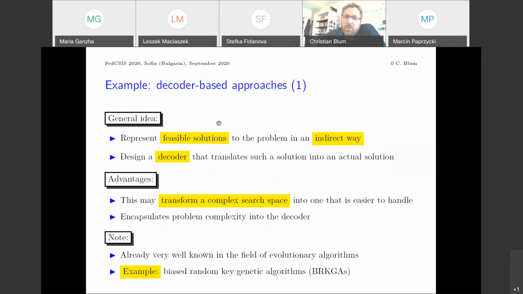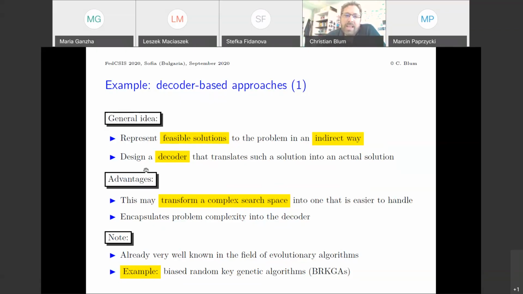So the first example I want to present is decoder-based approaches. The general idea is that we represent feasible solutions to the problem that we want to solve in an indirect way, so in a way that requires a decoder in order to translate such a solution into an actual solution of the problem.